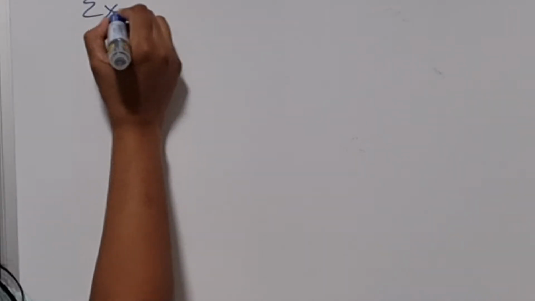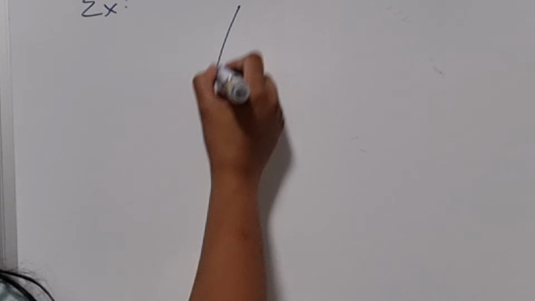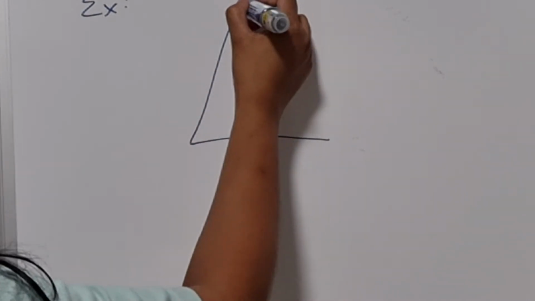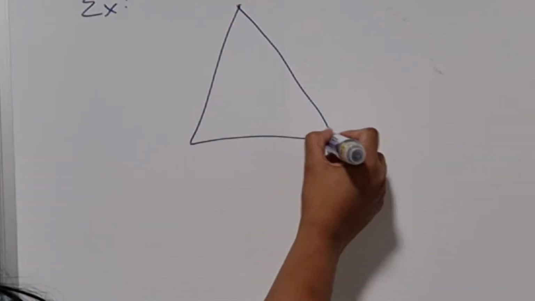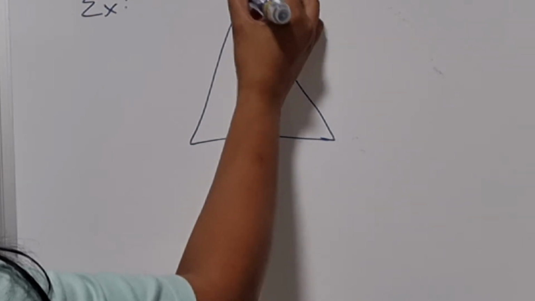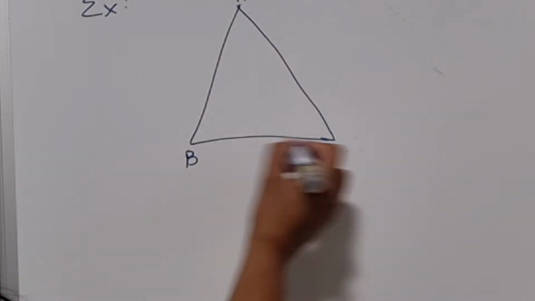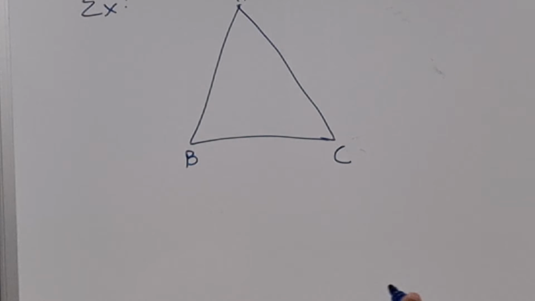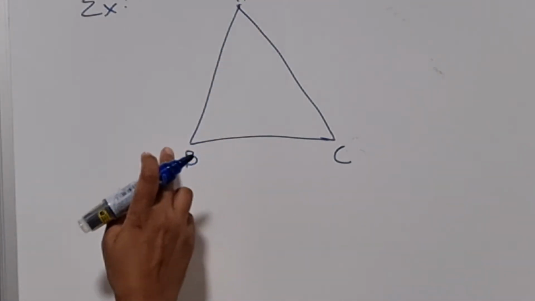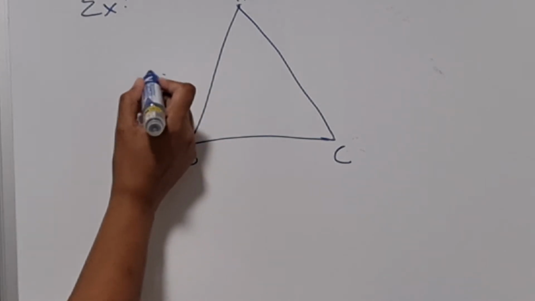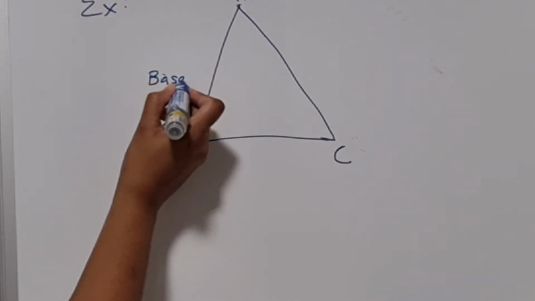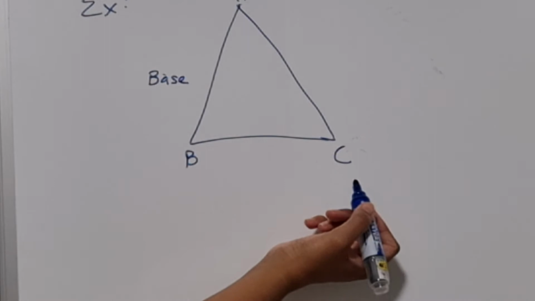Okay, so now we try a sample. Okay, this is an example. A, B, C. Okay, so if AB is the base, how do you calculate the height?